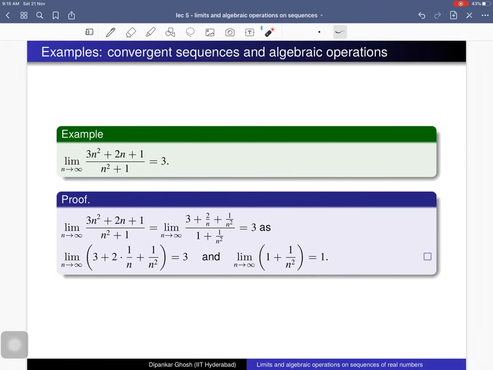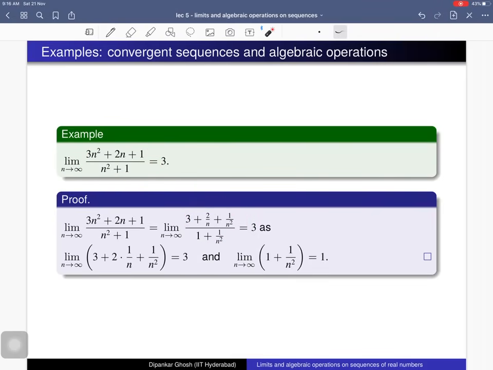Okay. And next we should see some example. Whatever theory we have proved, using that, let's prove that the limit of this sequence is equal to 3. It is a somewhat complicated sequence, but we can use the facts we have proved. This term is the nth term of the sequence, and we can write it in this way.